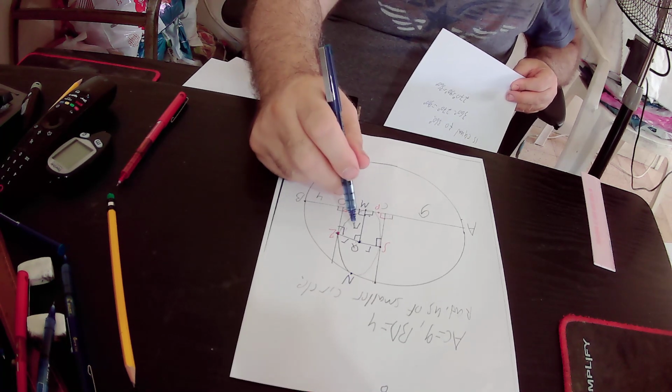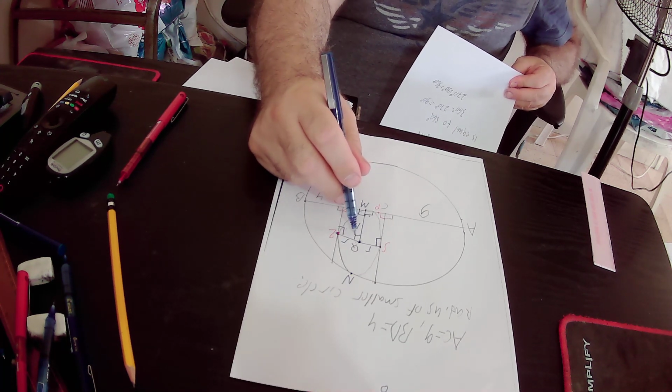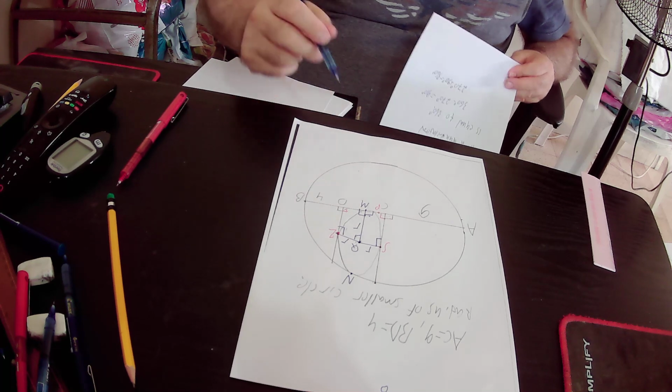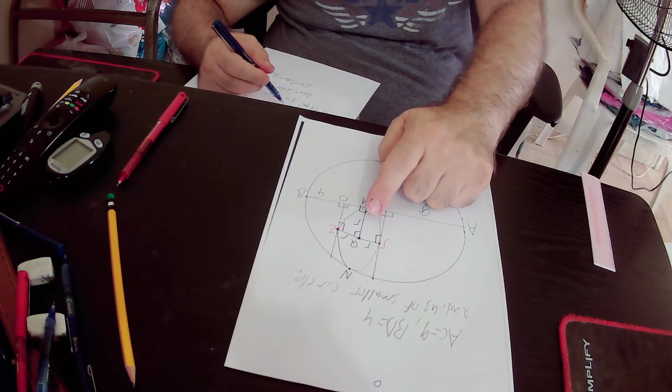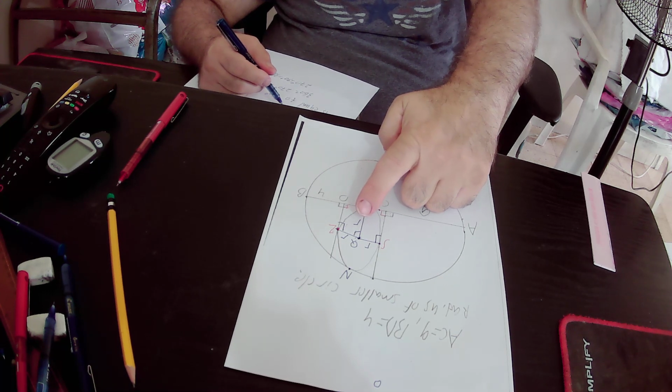Okay, so this angle equals 90 degrees, because in total the sum of the four angles will be equal to 90 degrees times 4, which is 360 degrees.